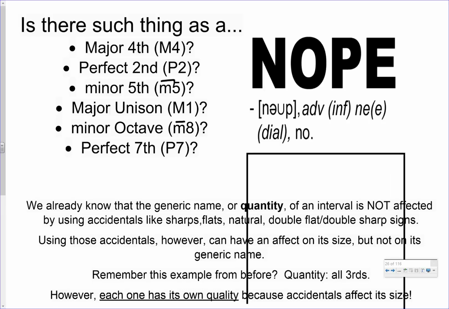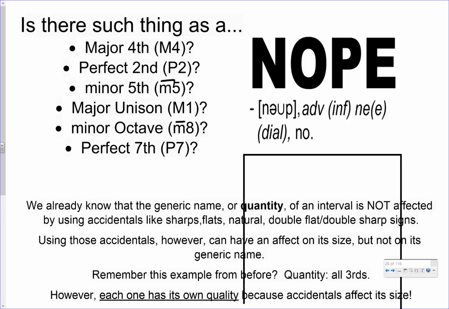Nope. There is no such thing as a major fourth. Remember, fourths are perfect. Is there such thing as a perfect second? No. Seconds are major or minor. Is there such thing as a minor fifth?